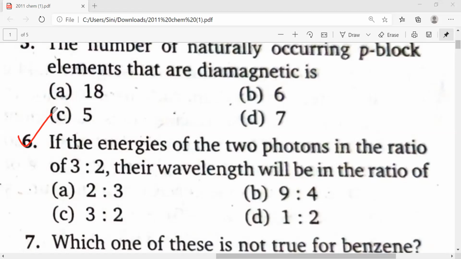Energy. This also I have taught in the previous session, but I have not taught you any problems. Energy is equal to what? h nu. Did I teach you these things? E is equal to what? hc by lambda, where c is the speed of light, h is the Planck's constant, and lambda is the wavelength.